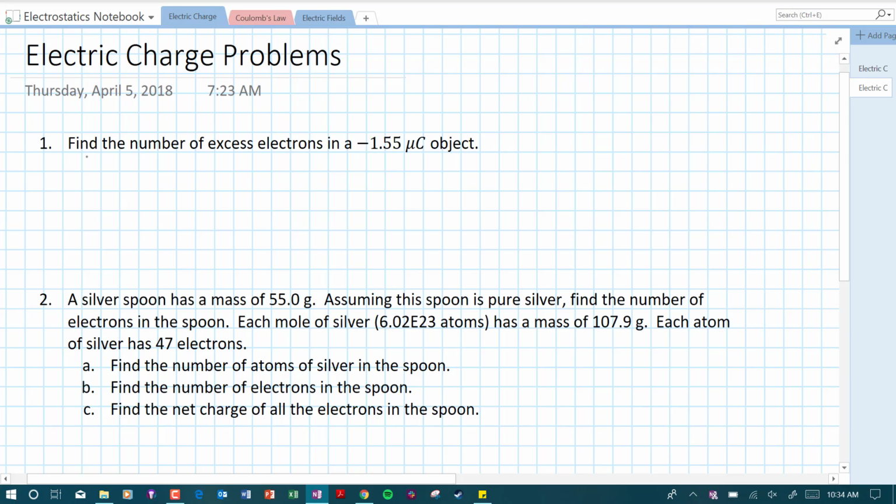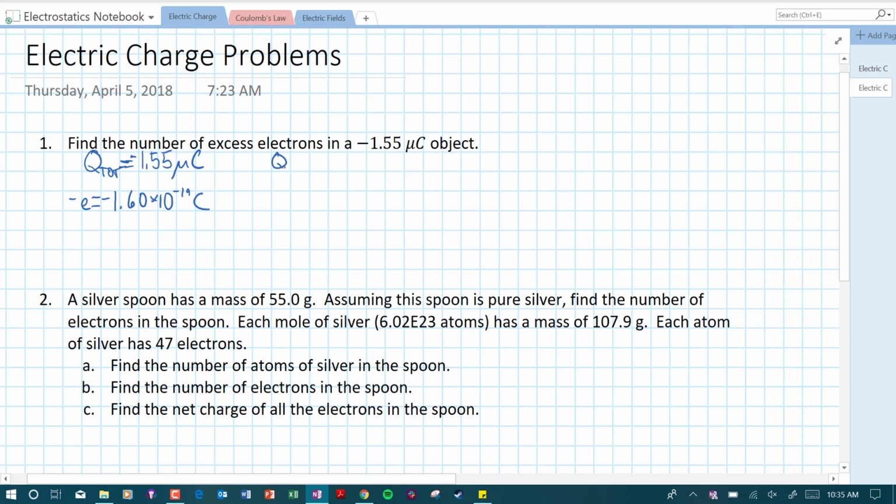So we know that our total charge, Q total, is equal to negative 1.55 microcoulomb. We also know that the charge on an electron is negative e, which is negative 1.60 times 10 to the minus 19 coulombs.